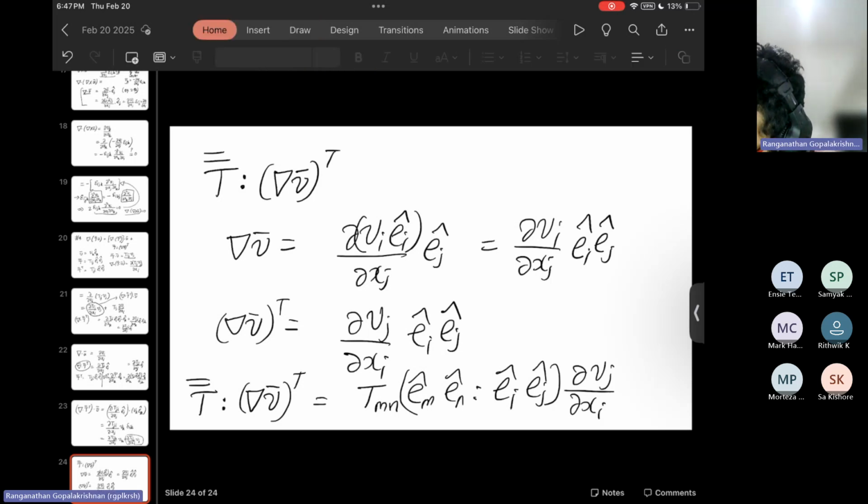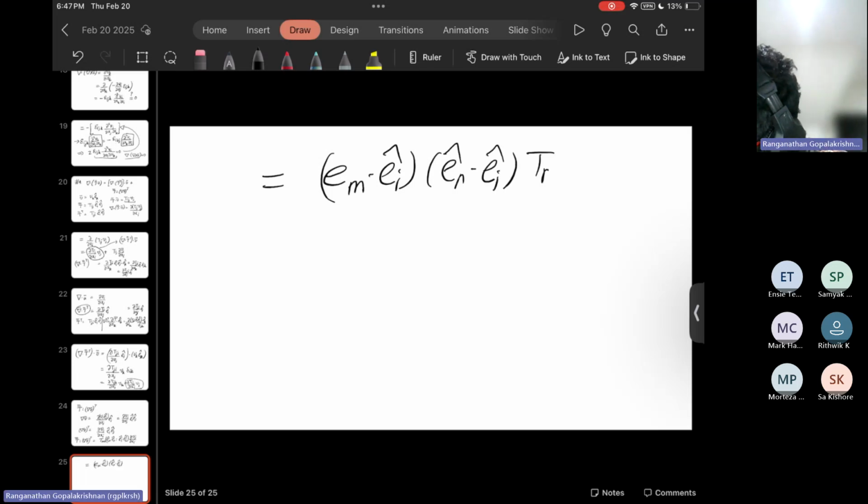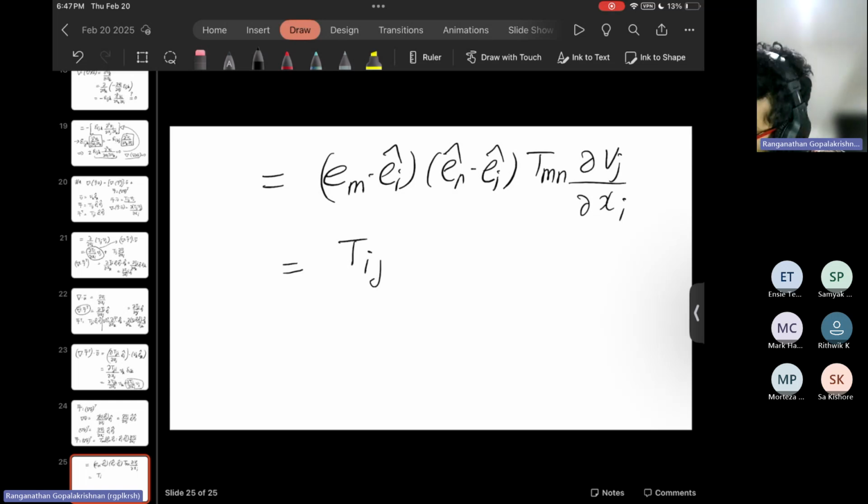When you do this double contraction, usually you would do e_m dot e_i, e_n dot e_j, T_mn partial V_j over x_i. This is T_ij partial V_j over x_i.